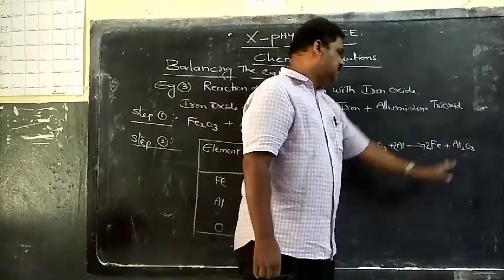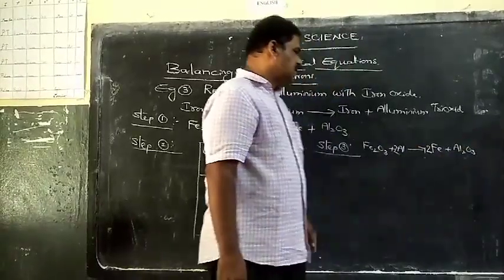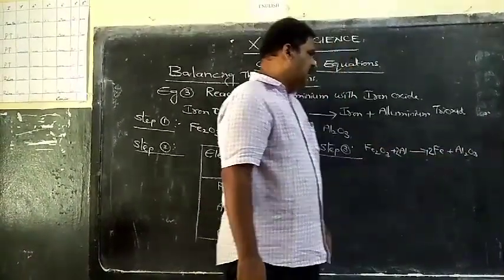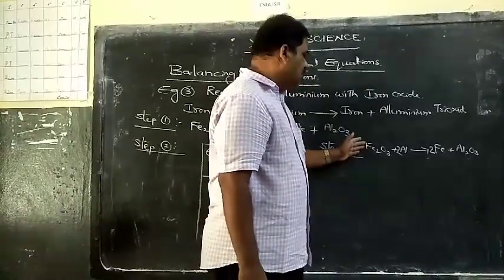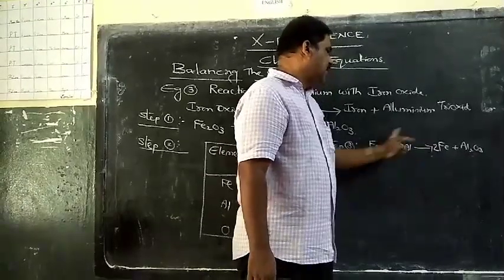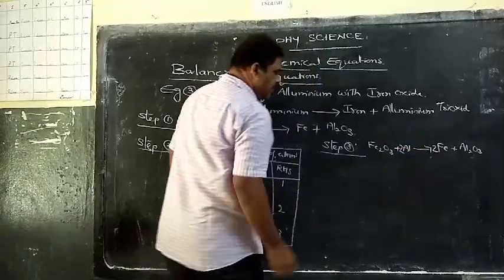Aluminium on the left side and right side is the same. The number of atoms of oxygen on the left side and right side is the same. Now if any number is common, we can take a common factor, but here no common number is present. Only two elements have 2, but the remaining have only 1. So we cannot take a common factor. So this is the simplest form.